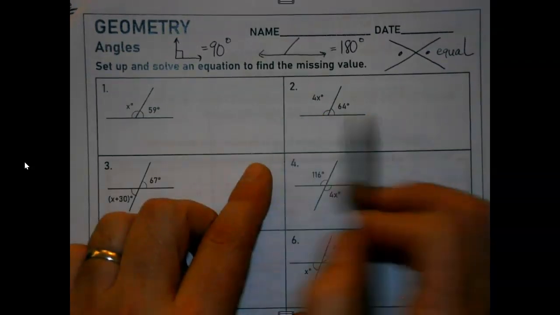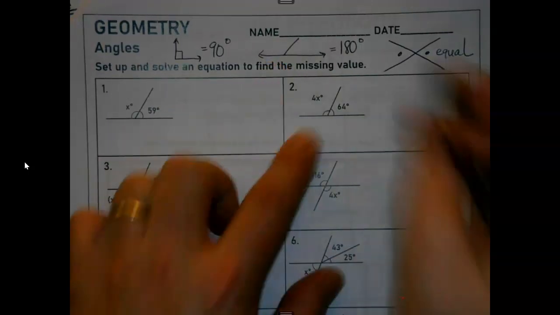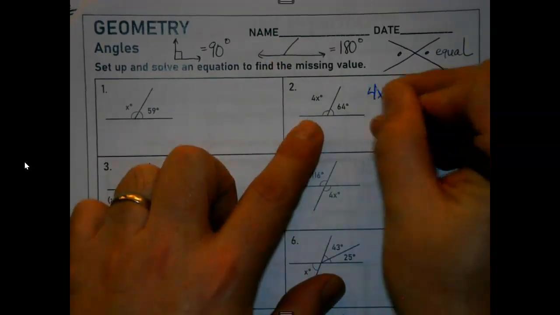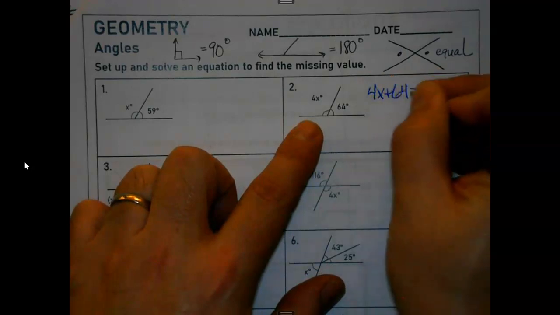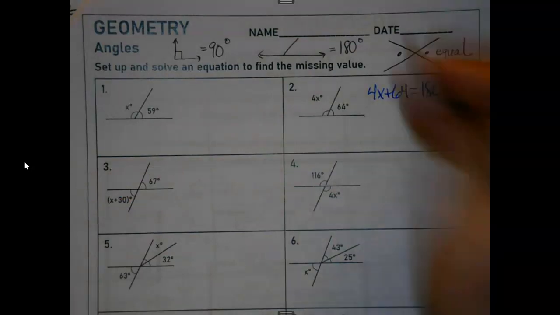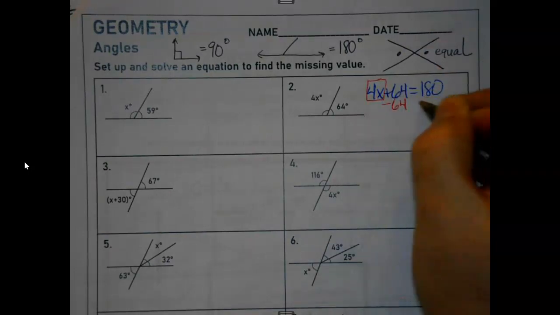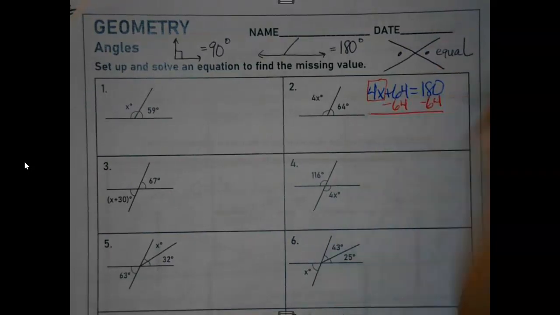Yes. So here, the 2 make a straight angle. So 4x plus 64 equals 180 because they make a straight line. And so I go through and I do my opposites.